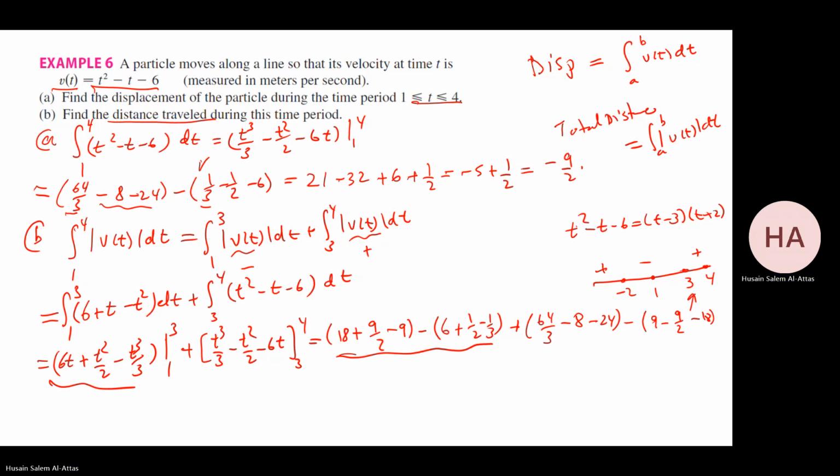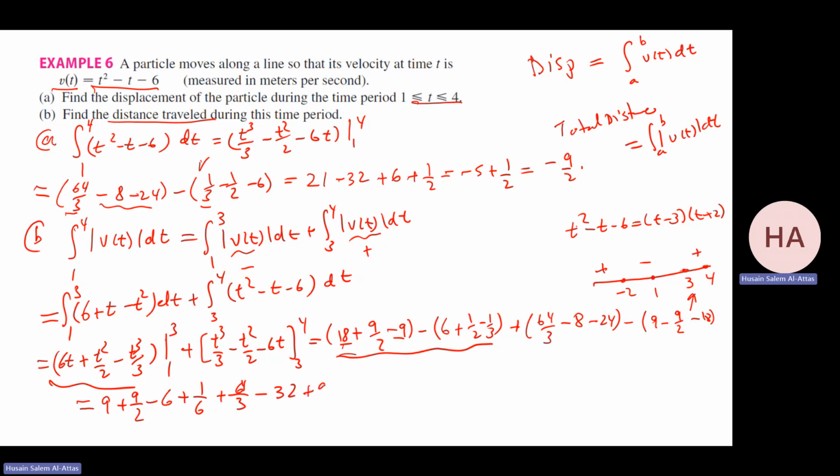Okay, that will be what? Yeah, 9 plus 9 over 2. This is 9. Minus 6, 3 minus 2, that will be plus 1 over 6. Plus 64 over 3 minus 32. What about here? Here I have 9 minus 18 minus 9.